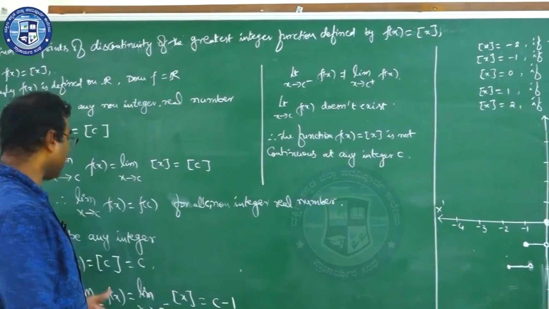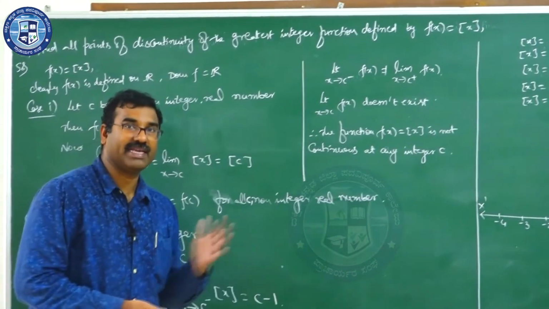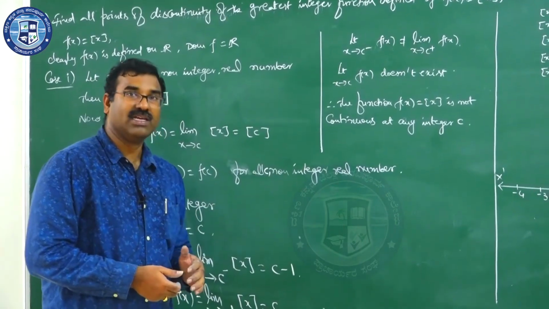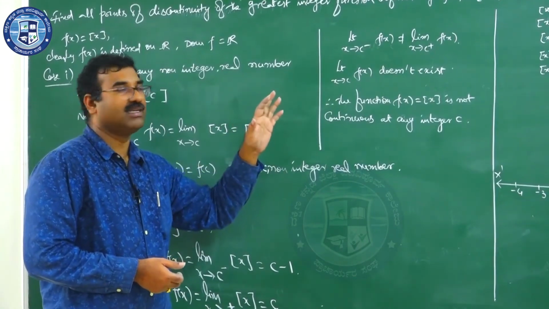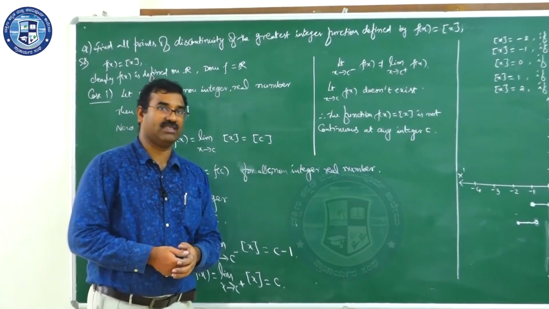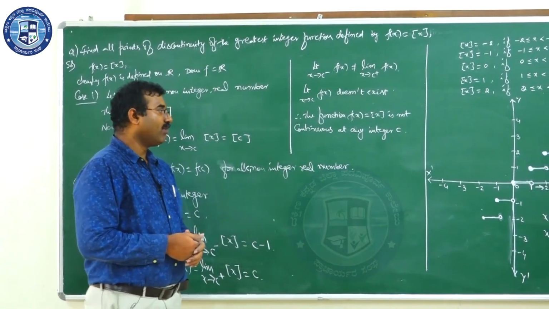By case 1 and case 2, what do you conclude finally? The conclusion will be like this: the given function f(x) = [x] is discontinuous at all integral points.